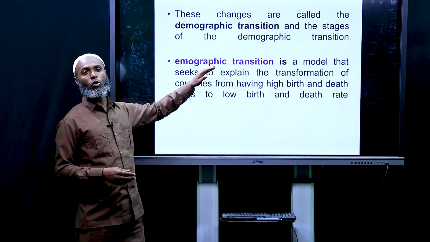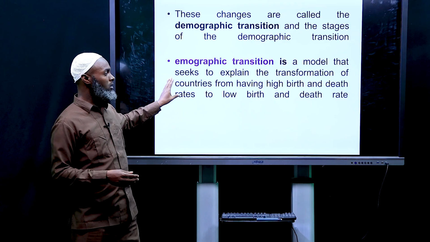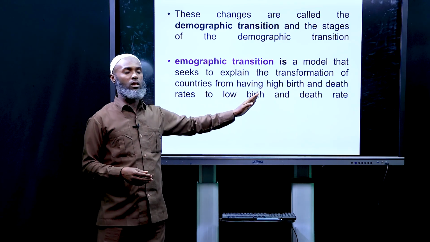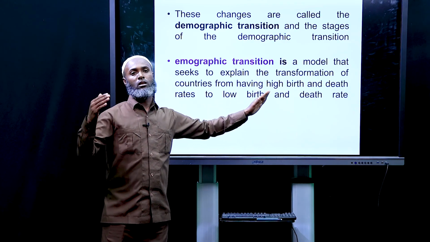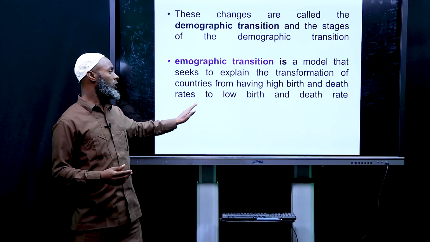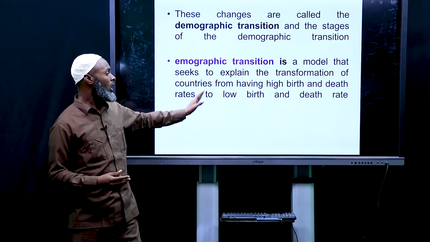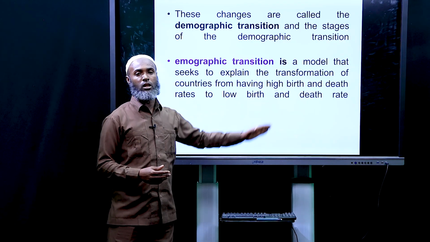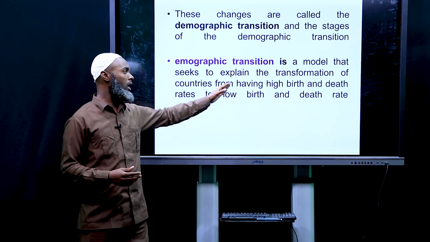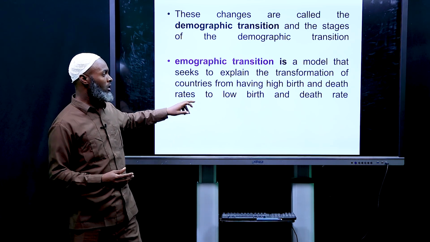Demographic transition is a model used by countries of having high birth rate and high death rate, and changing this into low birth rate and low death rate, which is the opposite of high birth rate and high death rate.